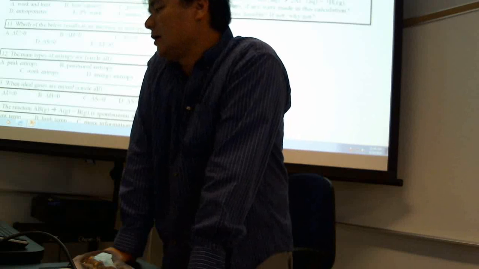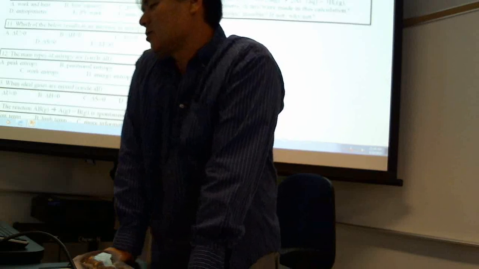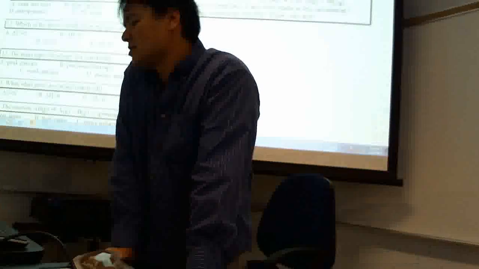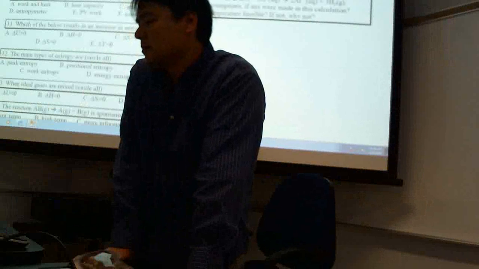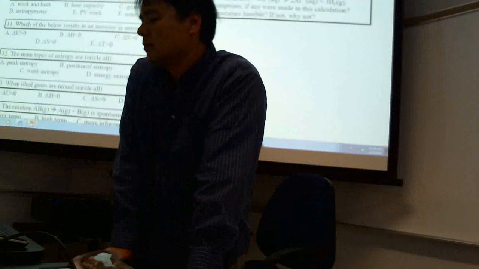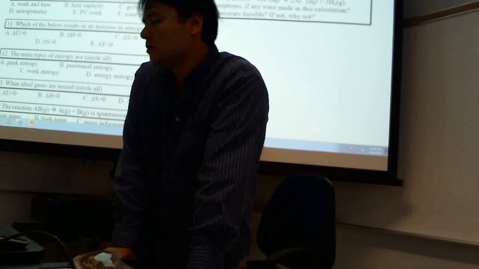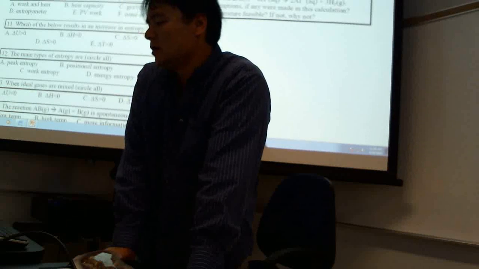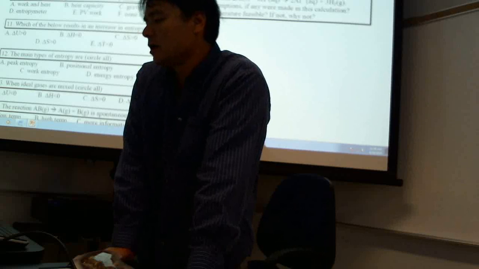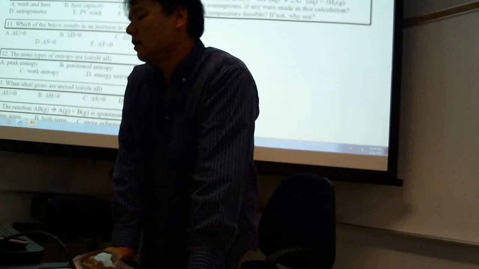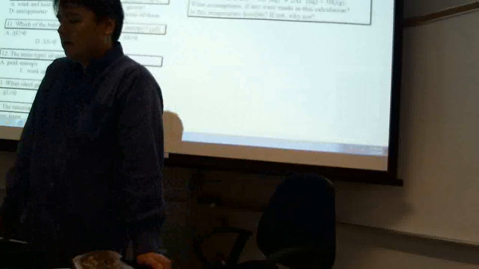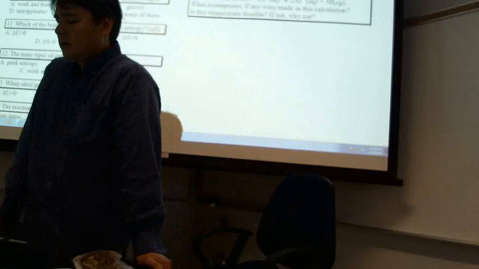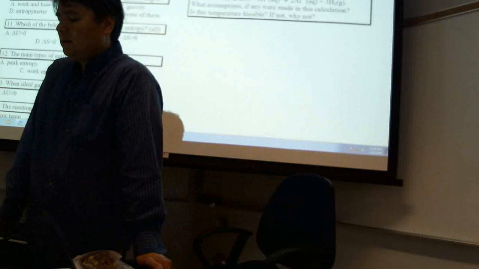Well, I realized when people were asking me this question earlier that I wasn't specific enough in asking it. I should have said, which of the below results in an increase in the entropy of the universe or something like that. But it's hard to say. For sure A, B, C, D, and E. Would delta E less than 0 do it?